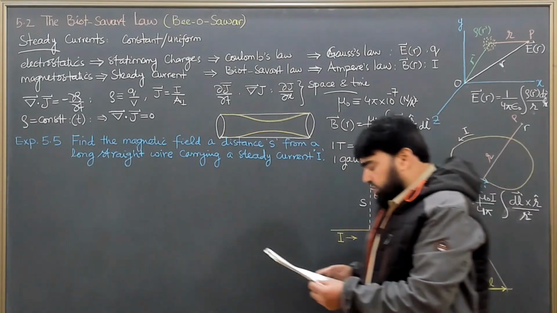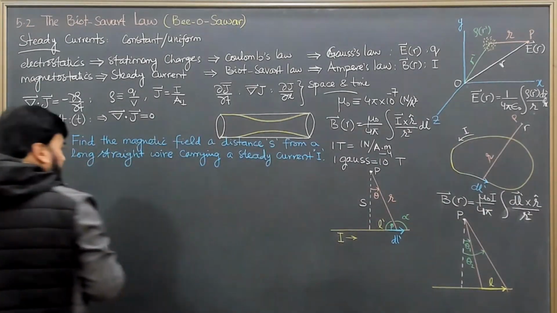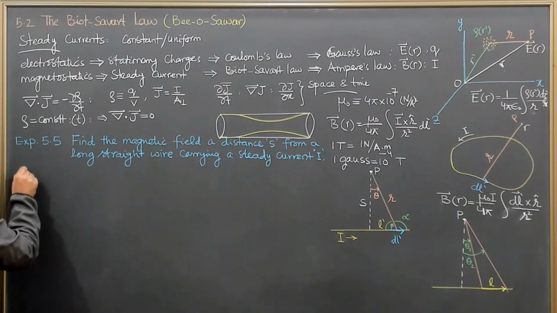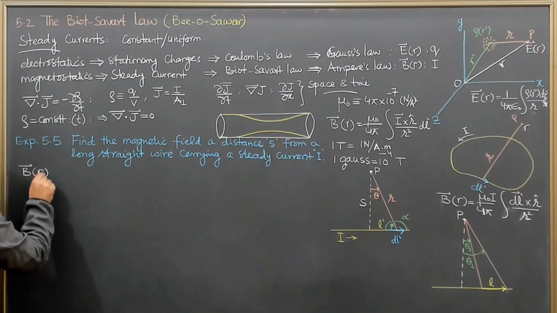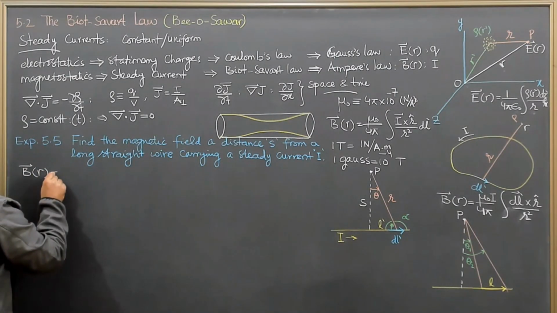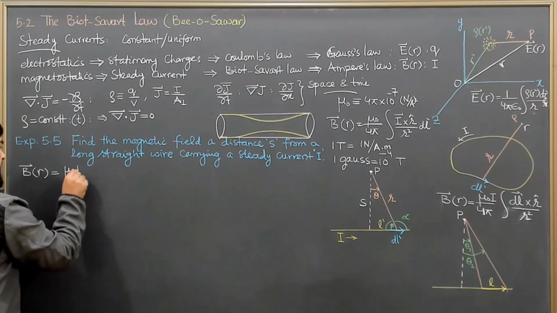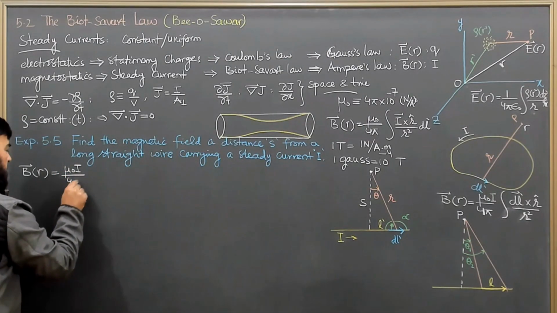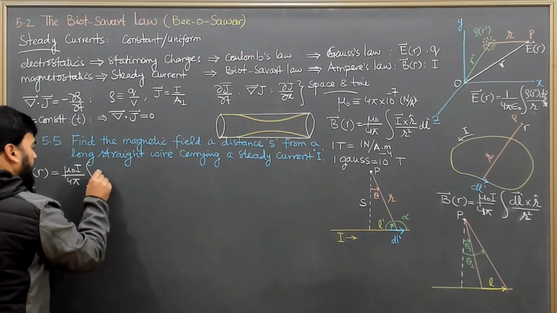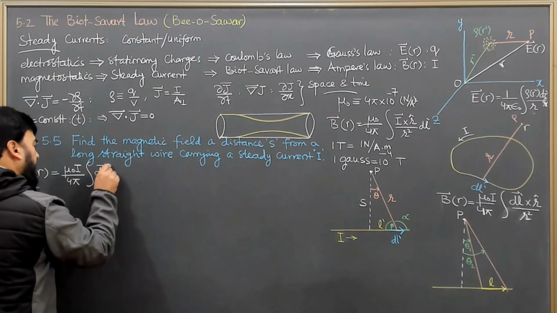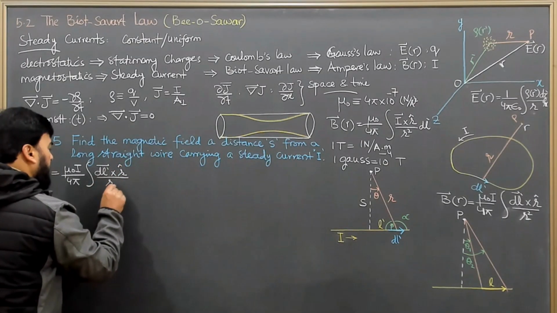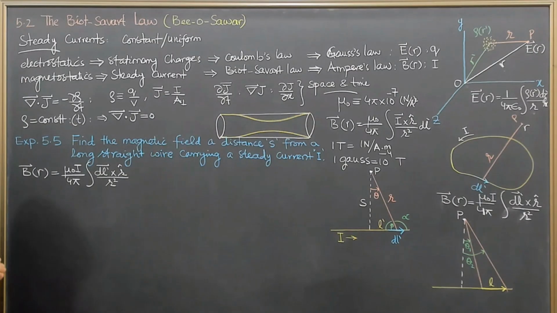To find this magnetic field, we know the equation: the magnetic field at a distance s is equal to mu naught I over 4 pi integral dl prime cross R unit vector over R squared.